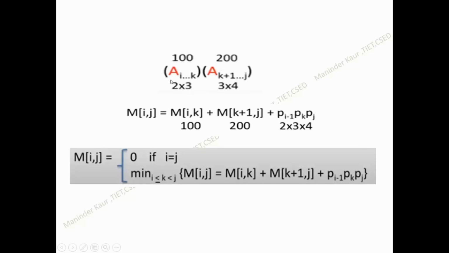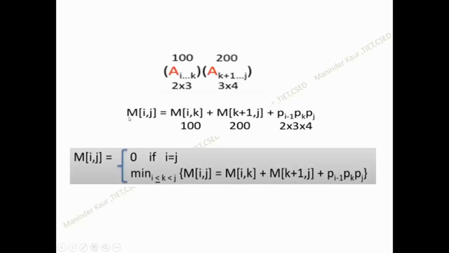This partial chain of matrix multiplication gives you a partial matrix of dimension 2 by 3, and 100 is the optimal number of multiplications required to multiply the matrices Ai multiplied by Ai+1 till Ak. Similarly, the other partial set of matrices is Ak+1 till Aj, and the dimension of that partial matrix is, say, 3 by 4, and the cost of multiplying this sequence of matrices is, let us suppose, 200.